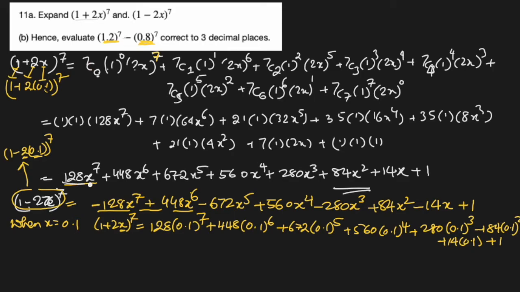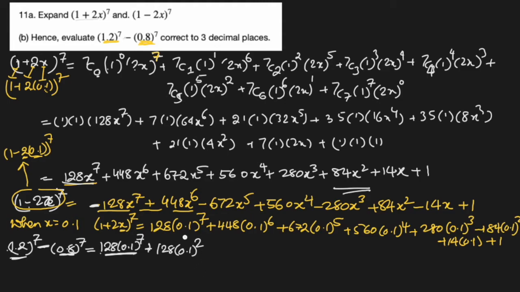So I will write 1.2 to the power 7 minus 0.8 to the power 7. I'm straight away writing it now. So we will write 128 times 0.1 to the power 7. Because of this minus, if I expand this, the first term which was negative becomes positive, so it becomes exactly the same term.